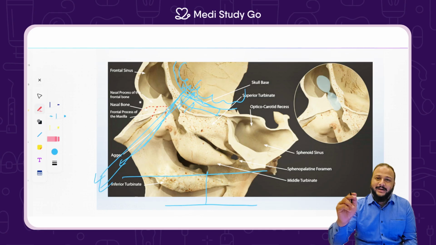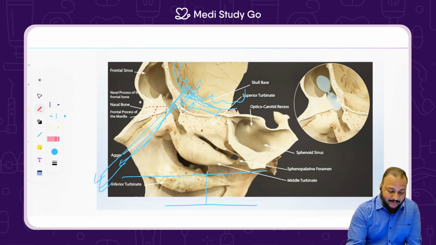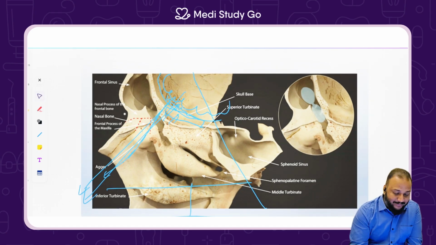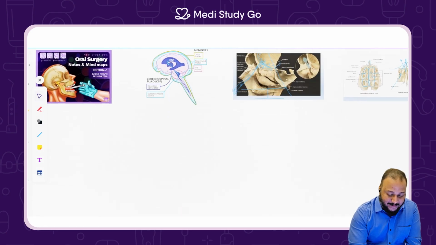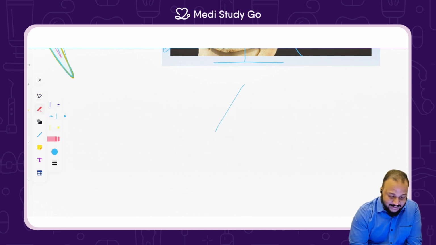But if the patient is kept at an elevated head position of 45 to 60 degrees, let's make a very small diagram for you over here. So now if this is the nasal cavity, the CSF will directly flow down from the brain.